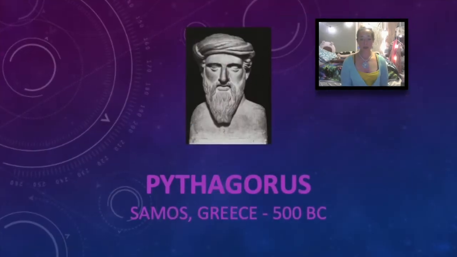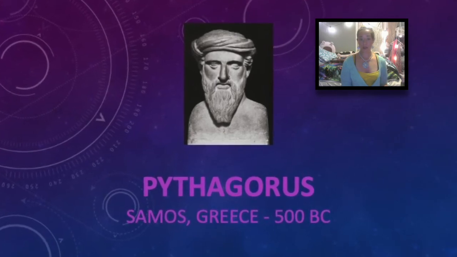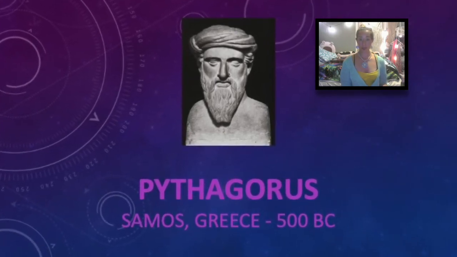Okay, we're finally to the good part, which is Pythagoras. Pythagoras lived about 500 BC, so about 500 years before baby Jesus. And he was kind of revered as a Christ-type figure in his time.